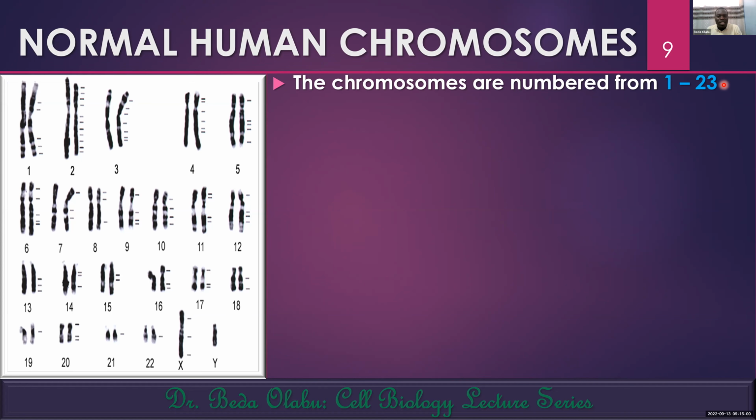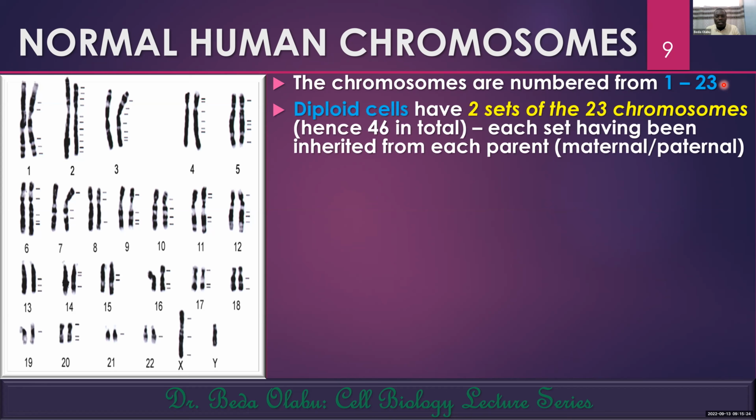Then the 23rd one, we don't number per se, but we call them sex chromosomes. So the name given to the first 22 is according to the numbers, number 1 up to 22. But the sex chromosomes, we don't give them a number, we just call them sex chromosomes. But that means that we have 23 pairs of chromosomes.